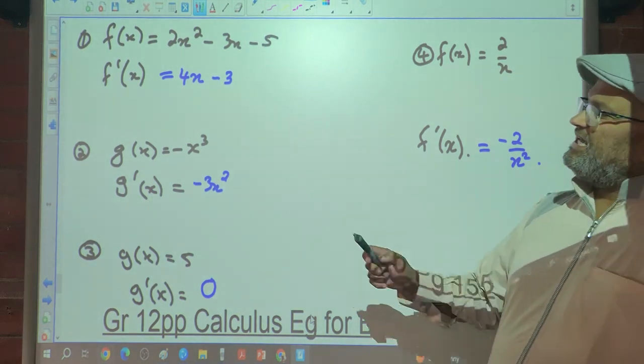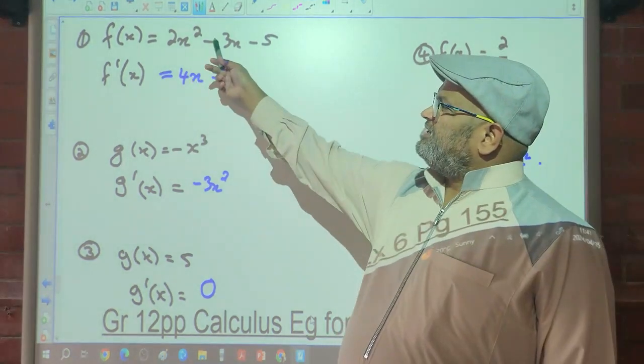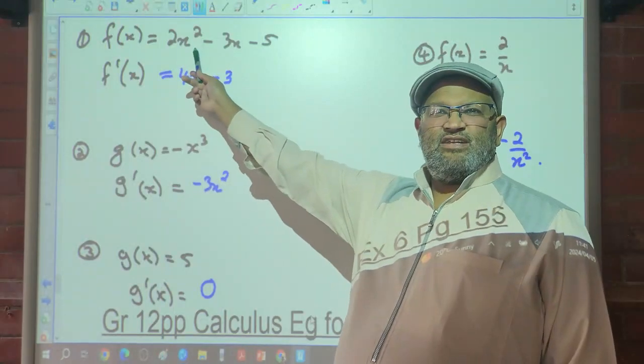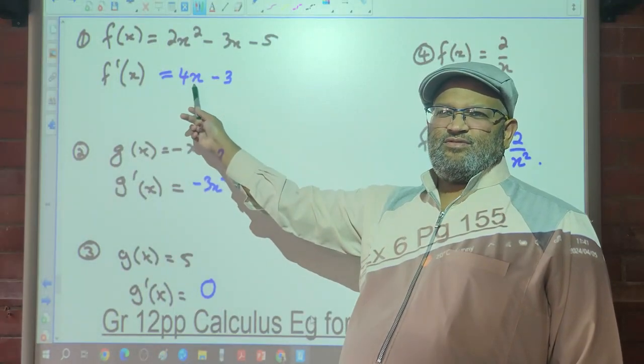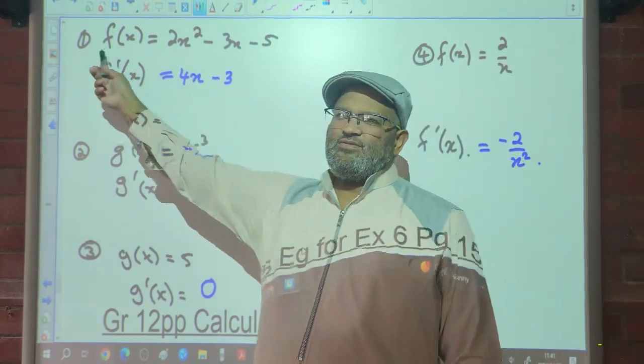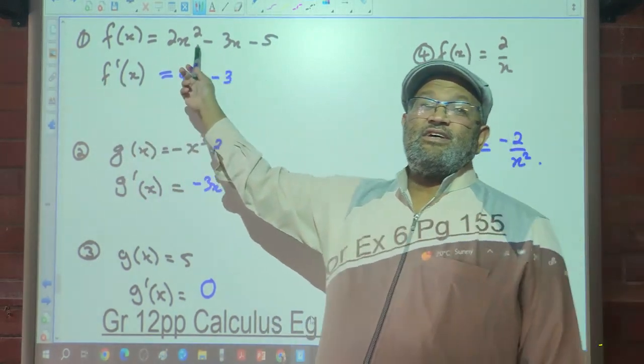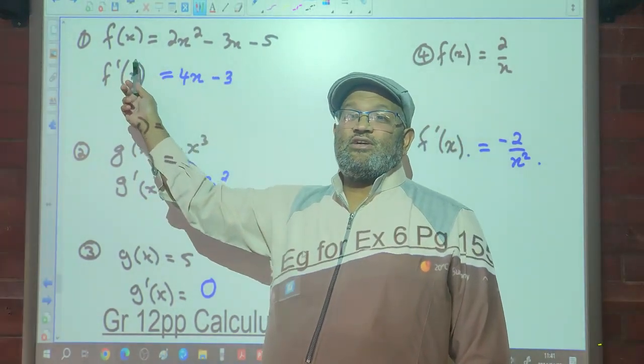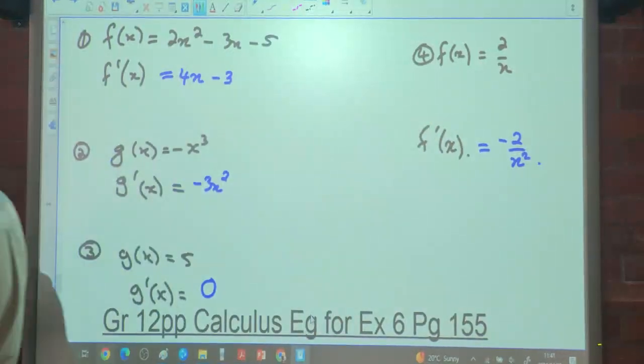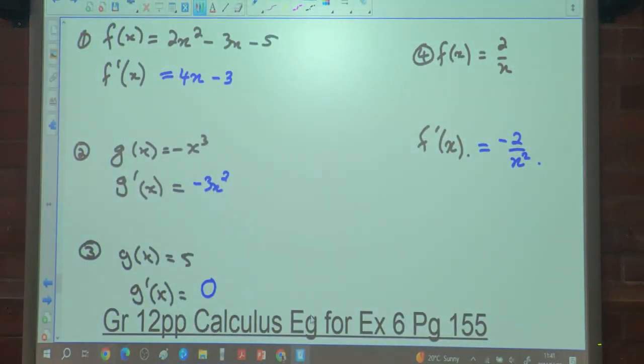Do you see a link that's existing between the function and its derivative? Again, what is the derivative? The derivative is the general gradient anywhere along the curve. Not so. Gradient f prime x or g prime x is the general gradient anywhere along the curve.